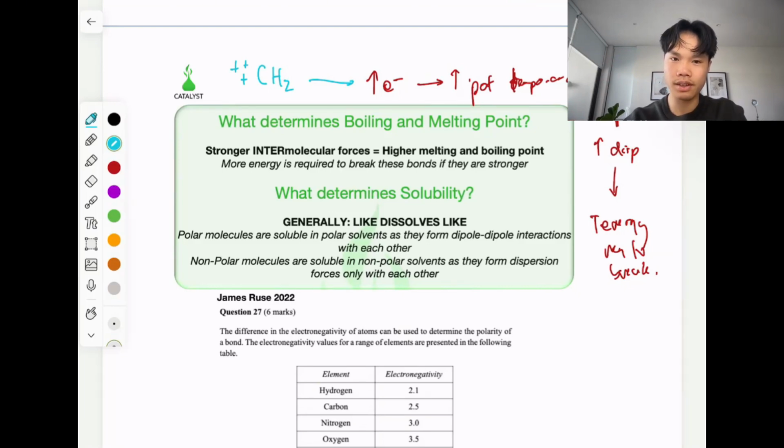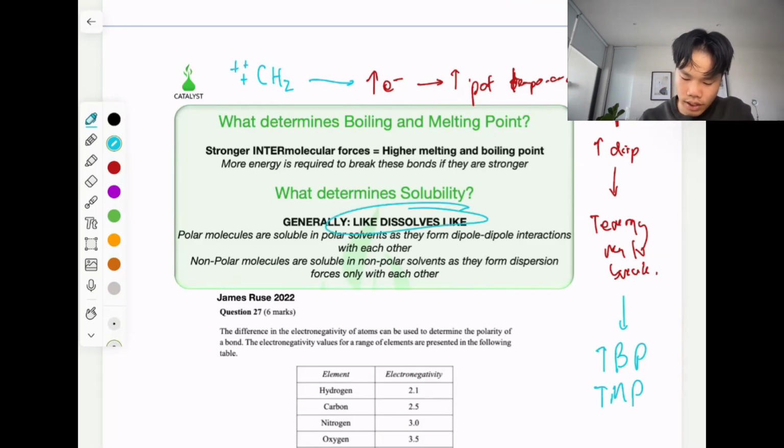Yeah. And if you have stronger temporary dipoles, it means your dispersion forces between molecules will be stronger, and you require more energy to break apart those interactions. So that leads to an increase in your boiling point and melting point. That's how you explain the first trend in a homologous series. Okay, thank you. And solubility in water.